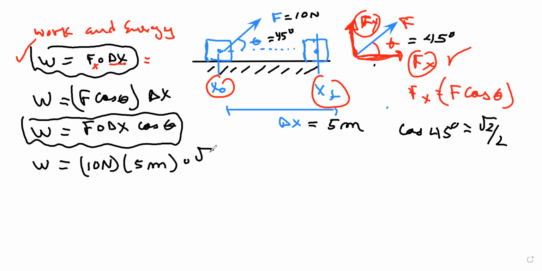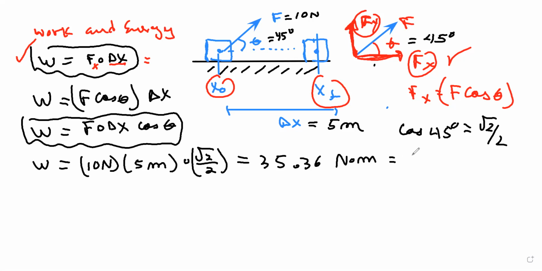Multiply everything, and what do you get here? Well, your answer is going to be around 35.36. And this is going to be newton times meter, newton meter. But newton times meter is going to give you a new unit.